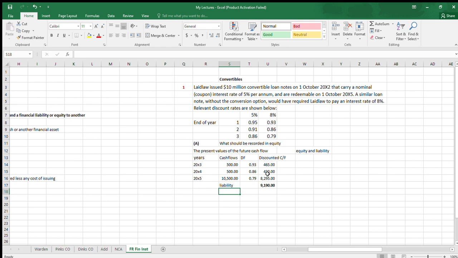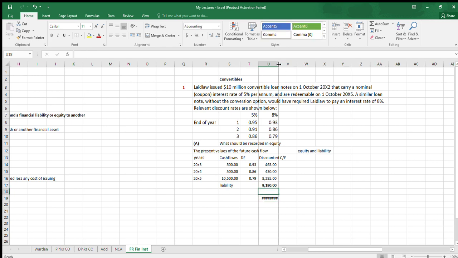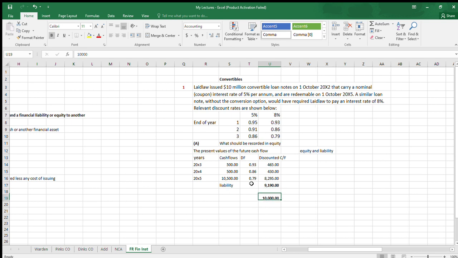And now the total liability was 10 million. Ignore the zeros, so 10,000. Our total loan or proceed, let's do proceed, was 10,000.